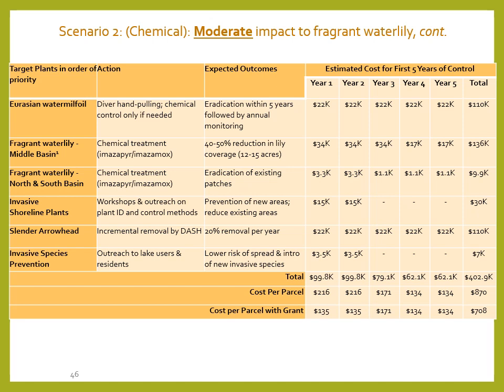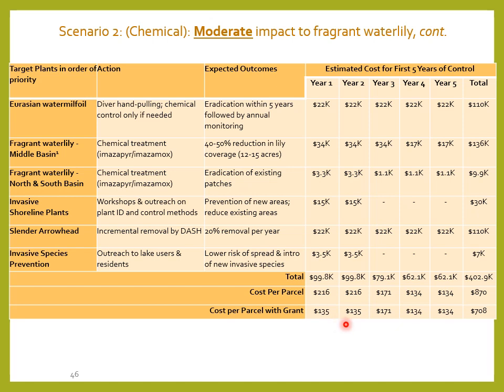Putting together management elements that are common to each scenario, along with those specific to Scenario 2, total estimated costs per year are summarized below. Under Scenario 2, assuming full grant funding, the estimated cost per parcel is $135 per year in the first 2 years.